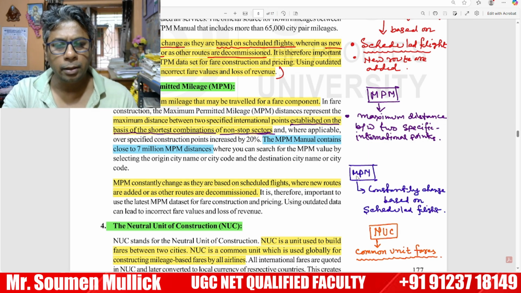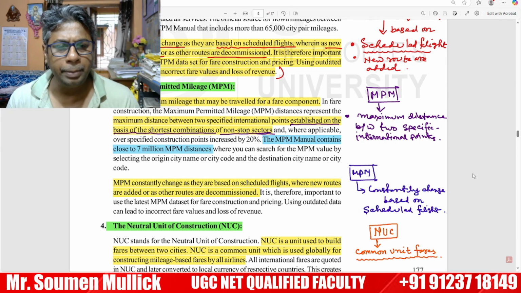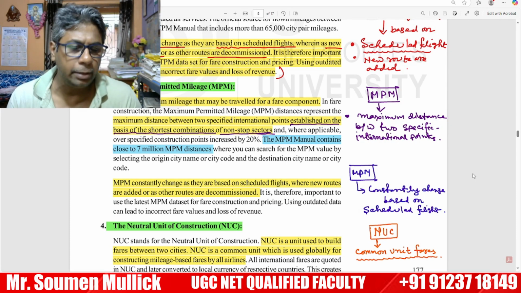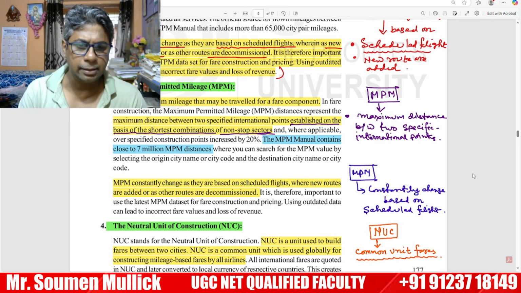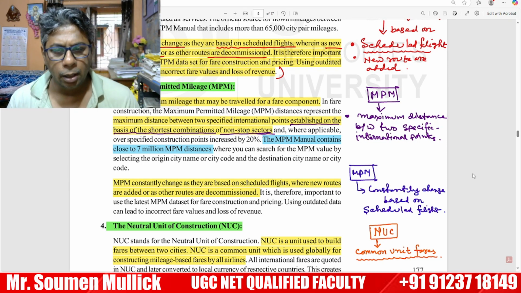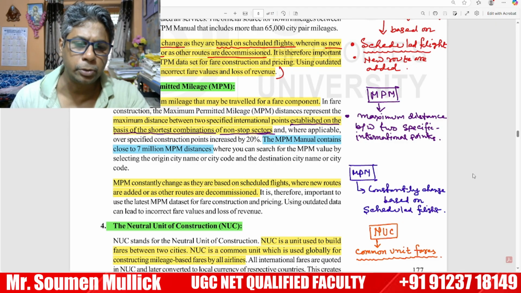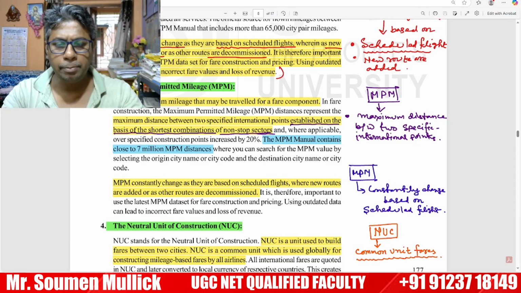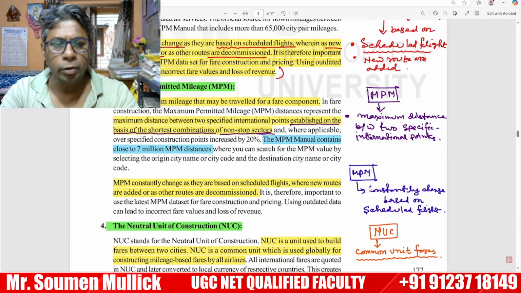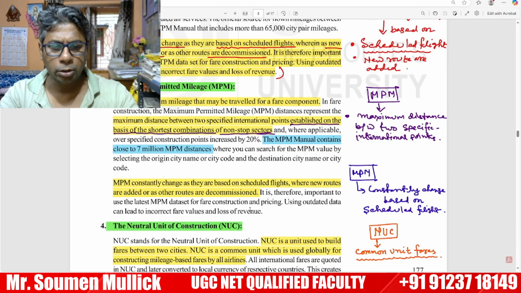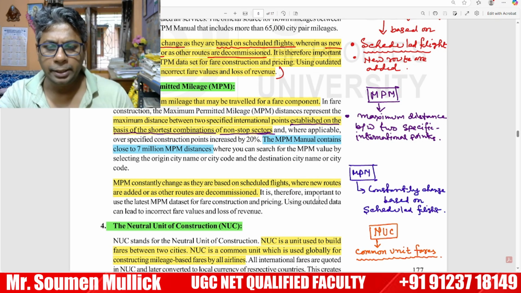So if you look at the MPM manual, there are 7 million, 1 million means 10 lakhs, so 70 lakh MPM manual content রয়েছে. MPM also constantly changes, as it is based on scheduled flights where new routes are added or other routes are decommissioned.